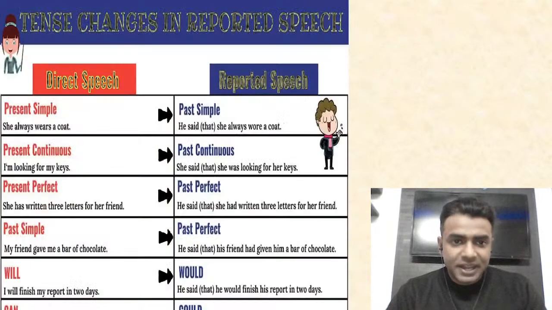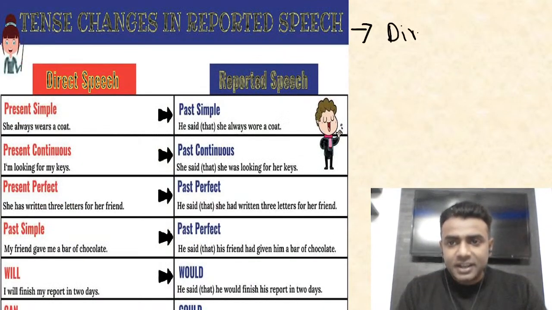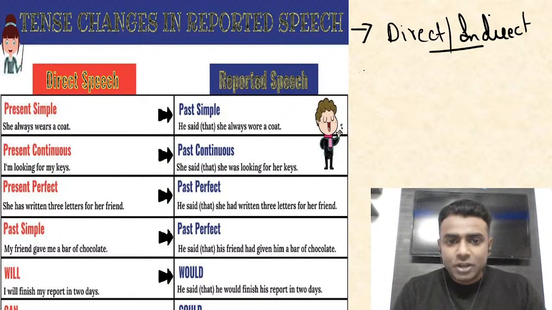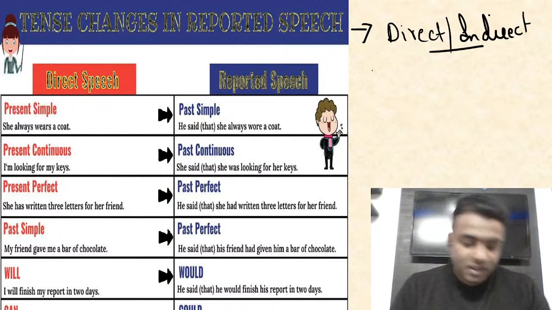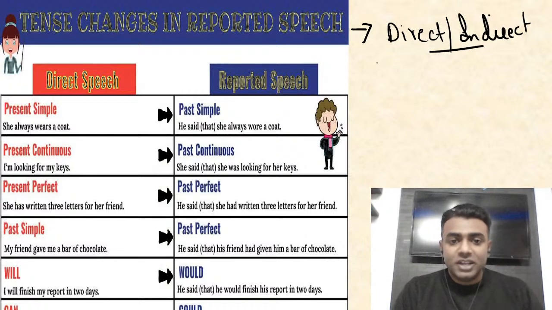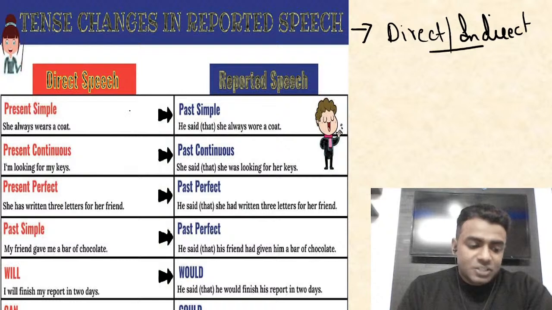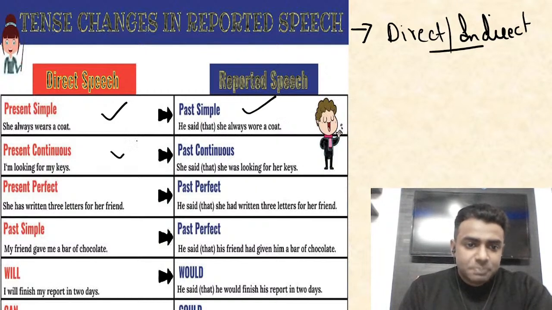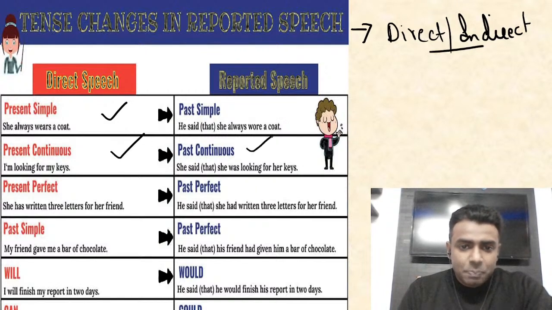Now coming to the next topic, the most important topic, direct and indirect speech. Kindly take a screenshot, my dear trainers, and then note it down in your copies, because this will be required once you are taking a class online. Direct and indirect speech. Simple present changes into simple past. Present continuous changes into past continuous.